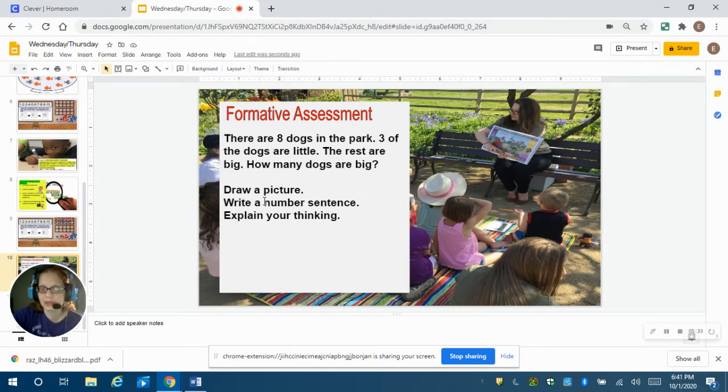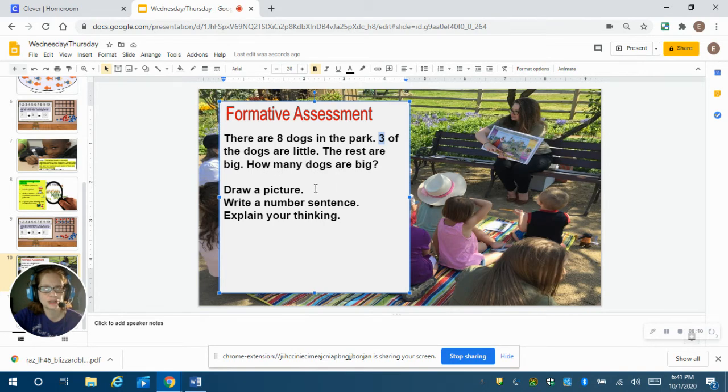Here, I have a little help. It says for me to draw a picture, write a number sentence, and explain my thinking. So having this little checklist here is going to help me through the process of answering this word problem. So let's see, what do I know? I know that there are 8 dogs total in the park. I also know that there are 3 little dogs and the rest are big.